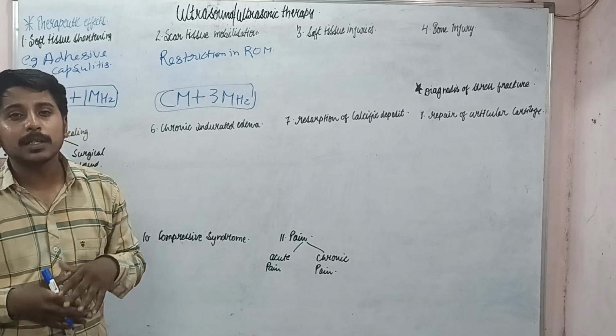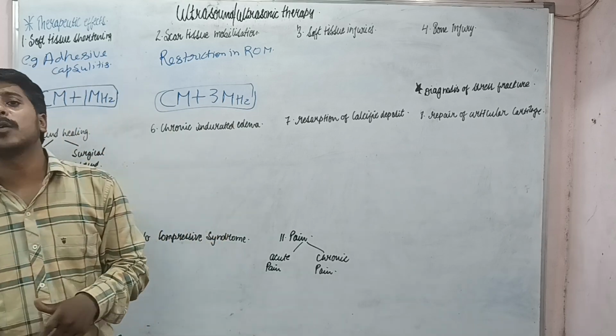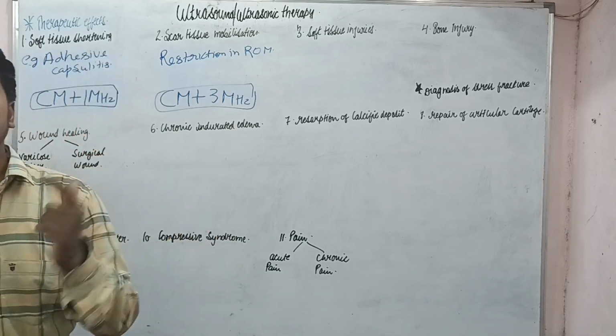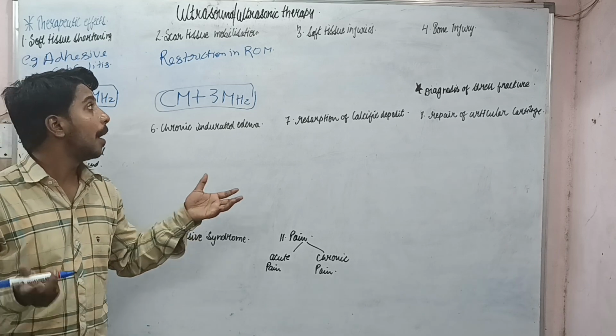Then soft tissue injuries, there are a lot of examples: medial epicondylitis, lateral epicondylitis, sprains, strains and many more.